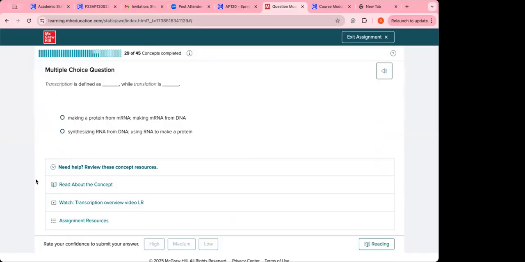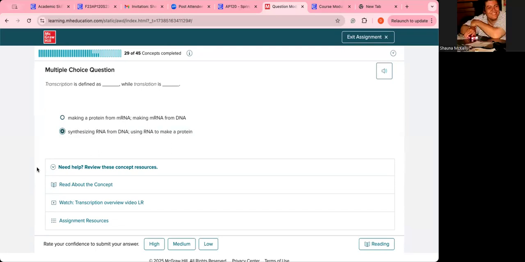Transcription is defined as synthesizing RNA from DNA. It's the second one. You synthesize RNA in transcription, and then you use RNA to make proteins in translation.